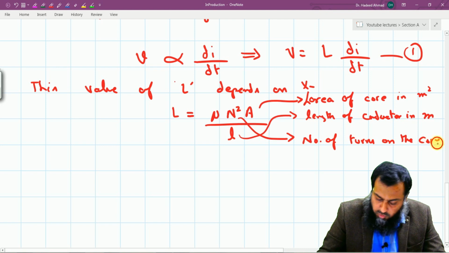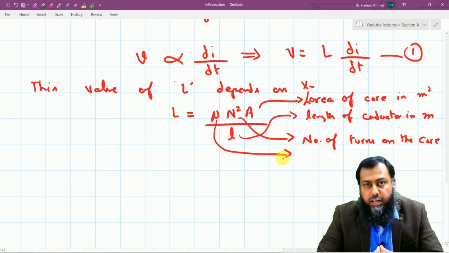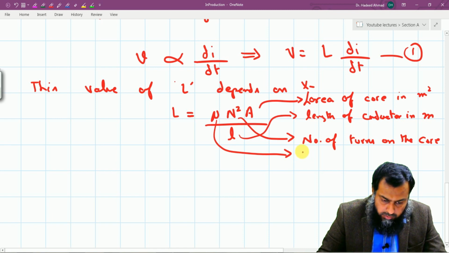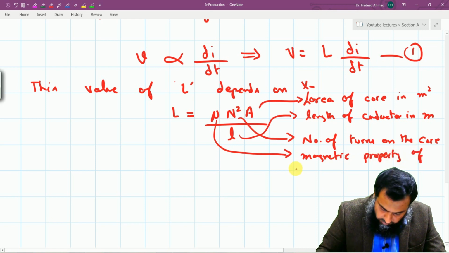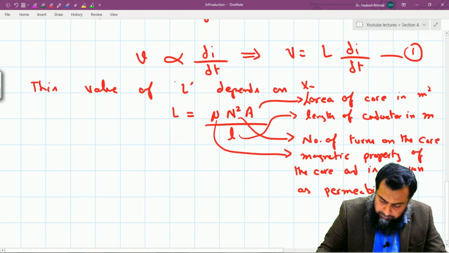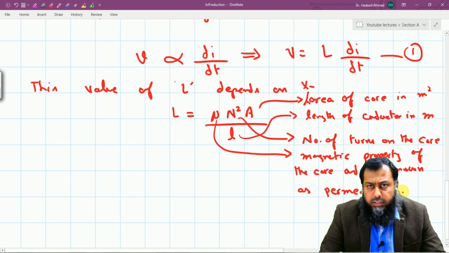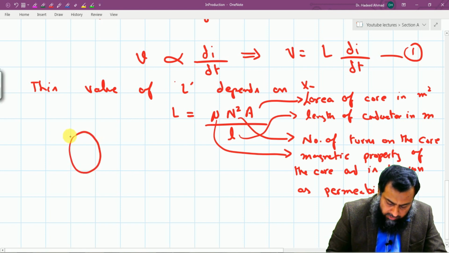And this mu is the magnetic property of the material with which the core is developed, and is known as permeability.